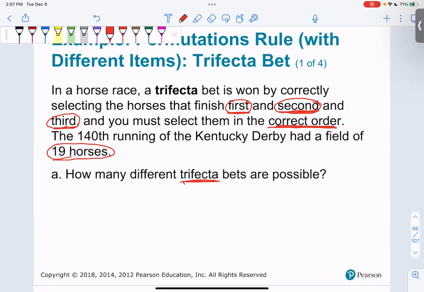So now we did say the order does matter, right? That means we will use this. How many do we select? It will be first, second, and third place, which is 3. And then how many horses do we have? 19.